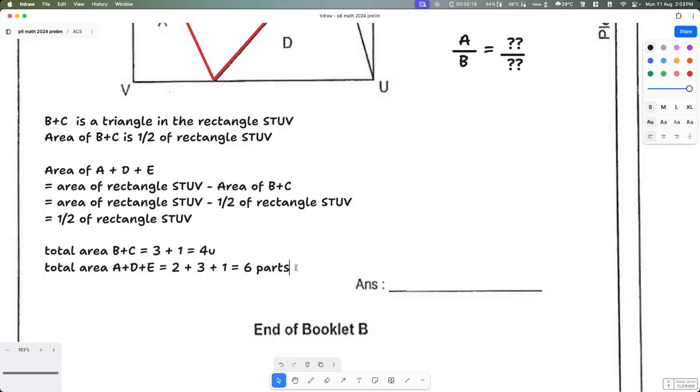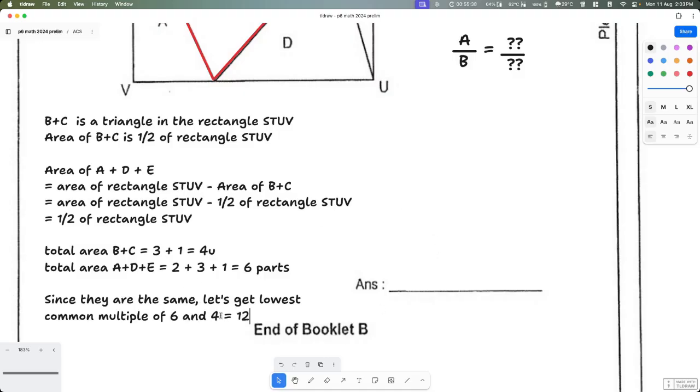Since they are the same, let's get the lowest common multiple of 6 and 4, which is equal to 12. Okay, 6 and 4 is 12.